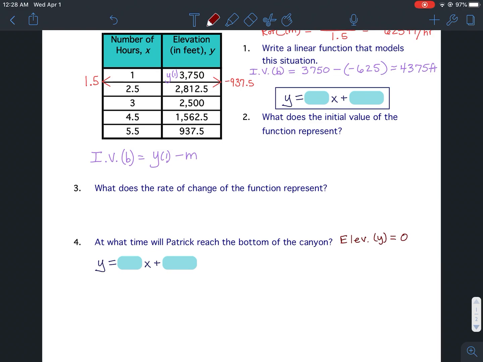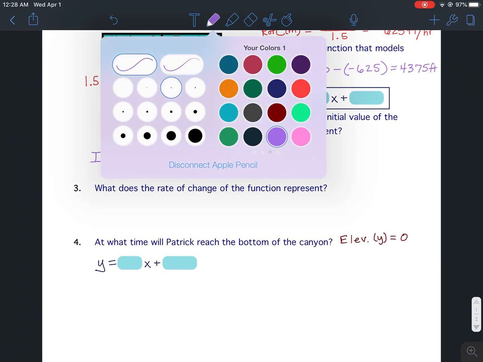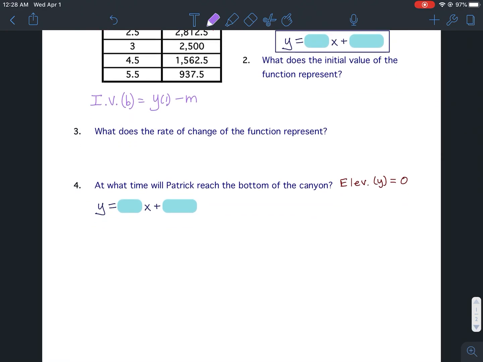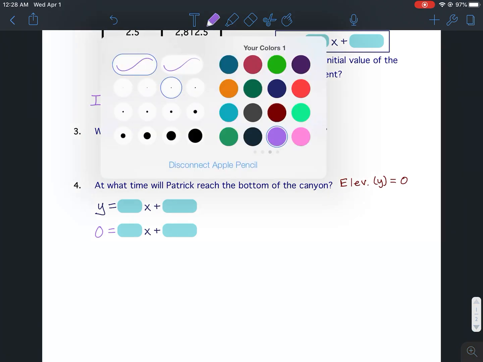So what you're going to want to do is take the equation that you found in number 1 and plug in 0 for y. You're going to end up solving for x. So you plug 0 in for y, and this now becomes a 2-step equation.